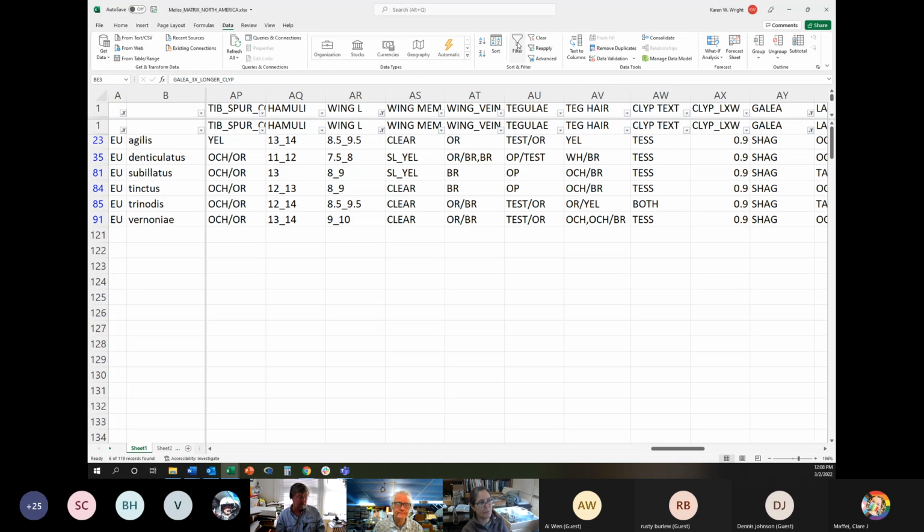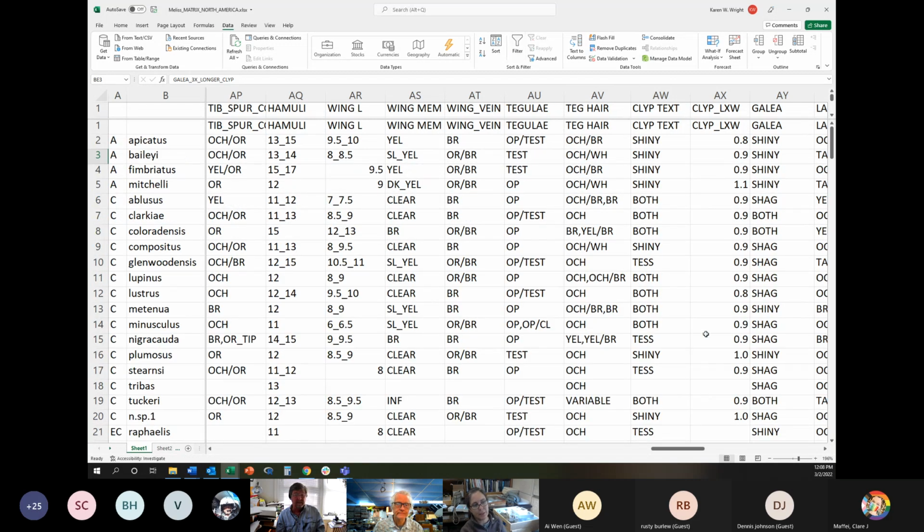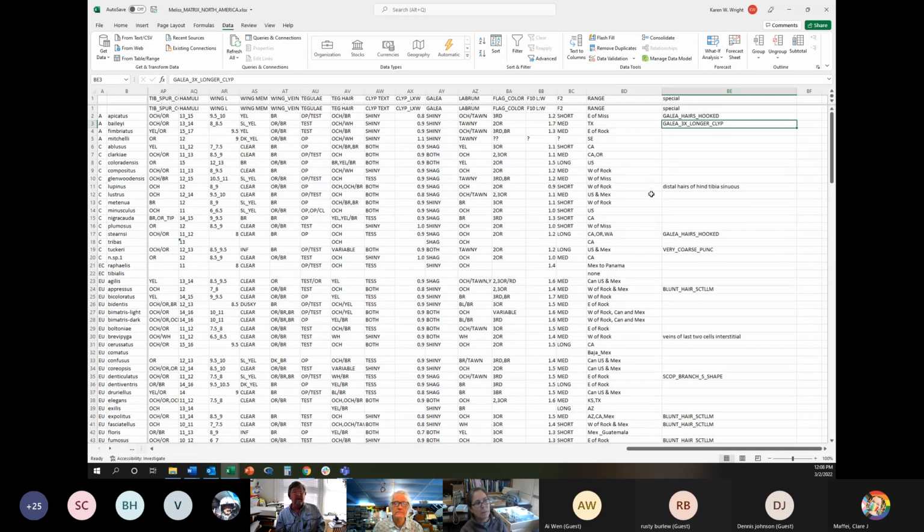And then you can just remove everything by unclicking filter. So anyway, it's a very customizable way of making your own key that doesn't depend on creating a dichotomous key.